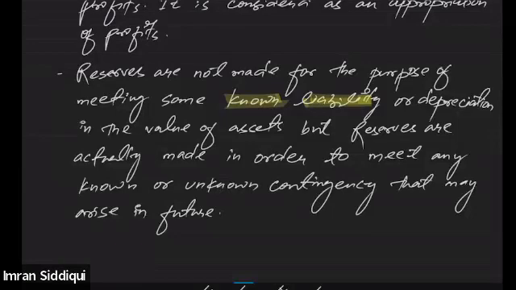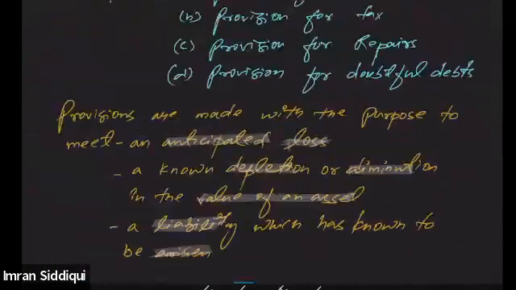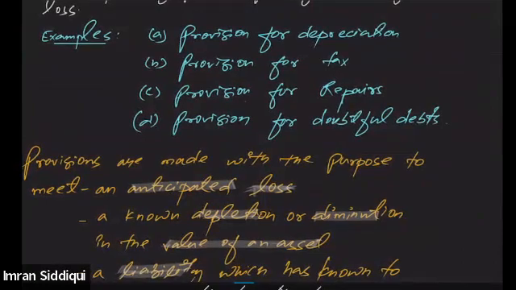If you are not sure about a particular event that may arise, which may lead to outflow of cash, for that kind of contingency, we make the reserve. So see, there is no specific purpose of making reserve. Provisions are for specific purposes: the provision for tax, provision for repair, provision for doubtful debt, provision for depreciation.